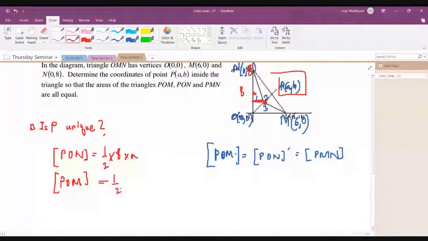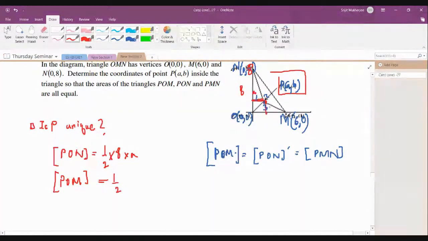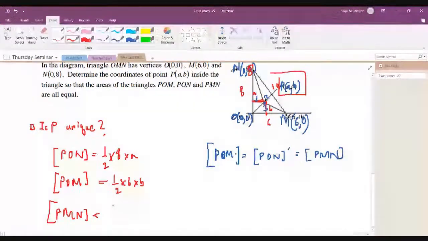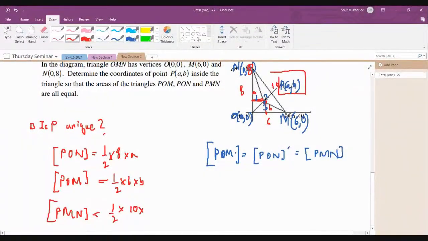For OPM, the height is B because P is A comma B, and its base is 6. For PMN, do you know this side? The hypotenuse is very easy, it is 10. So it's half into 10 into what? The distance from a point to a straight line.